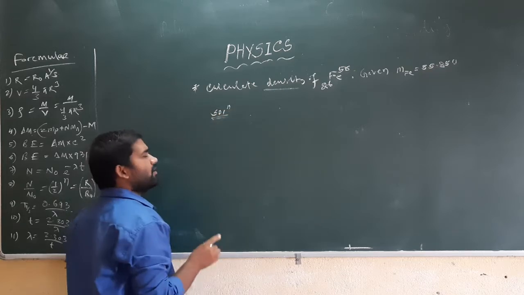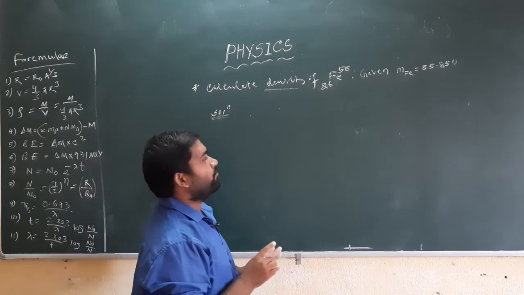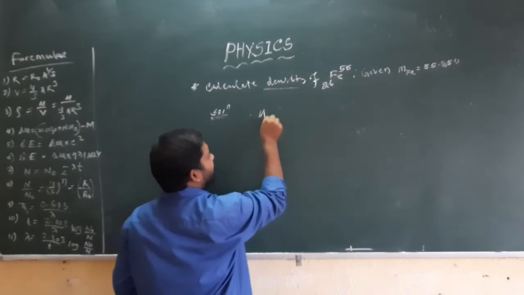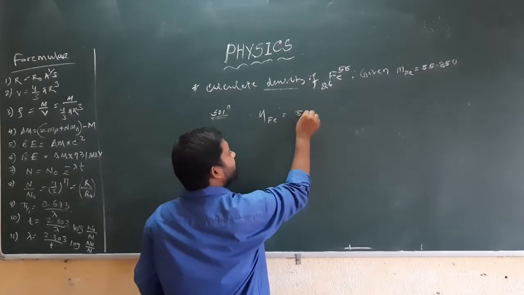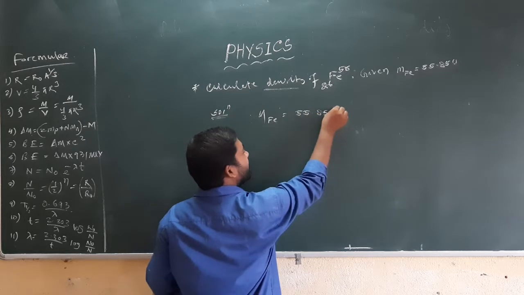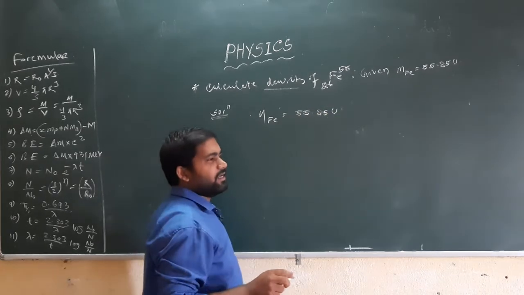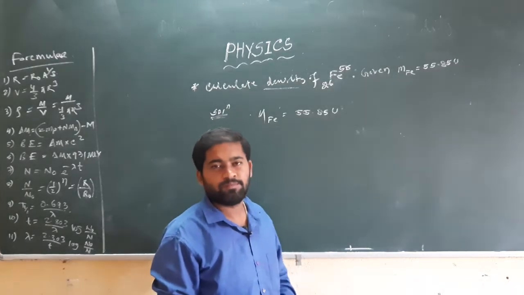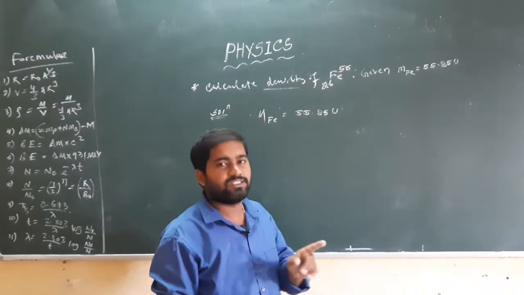First, find the given data. The mass of iron is given as 55.85 atomic mass unit, and you have to convert it, because density is mass by volume and its unit is kg per meter cube.